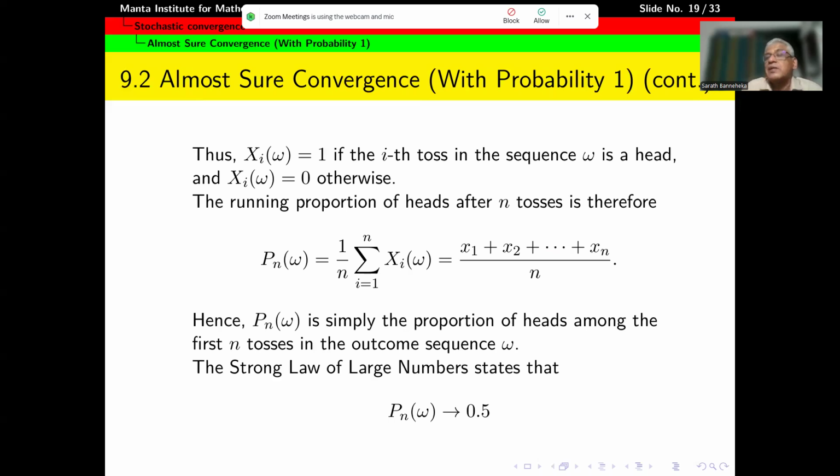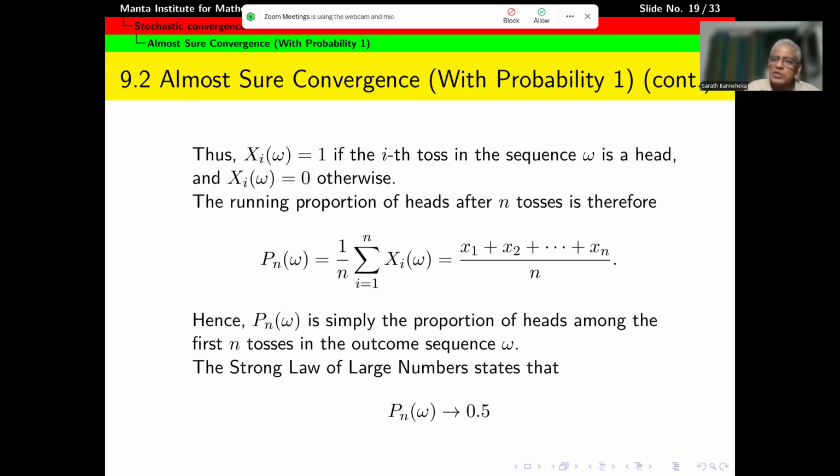Suppose you are in particular considering Bernoulli experiments, where the outcome can be classified as success or failure, and the x value will be taken as 1 or 0. It will be 1 if the outcome is a success, otherwise it will be a 0, right?